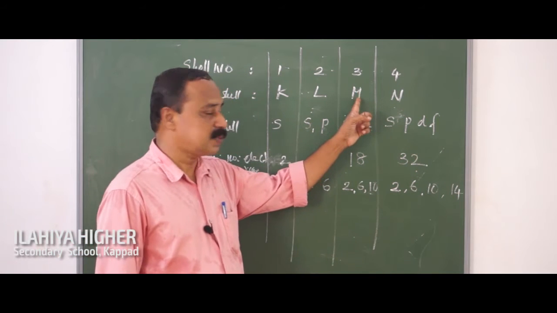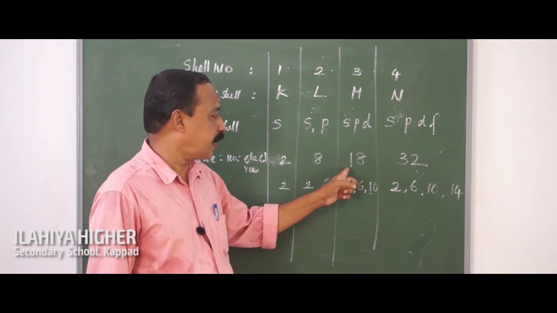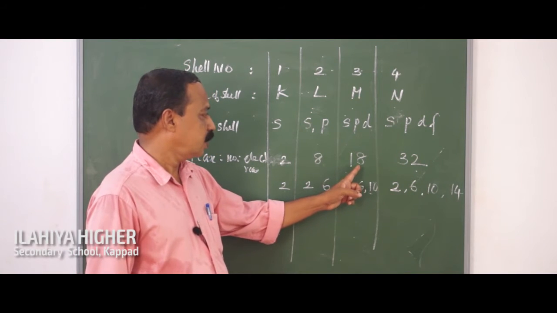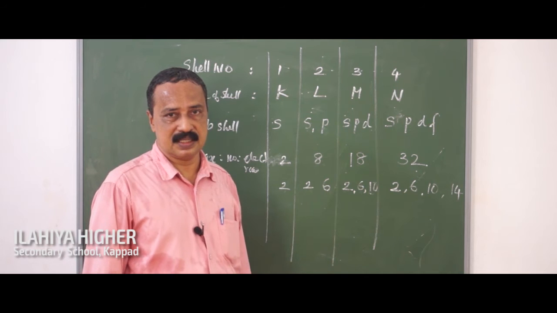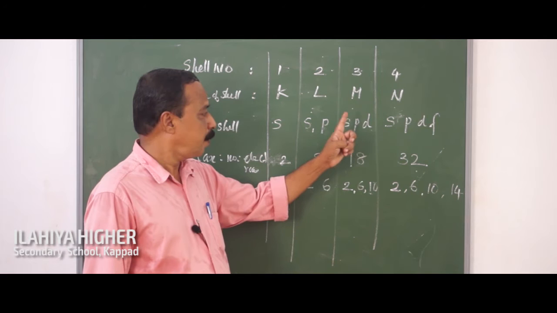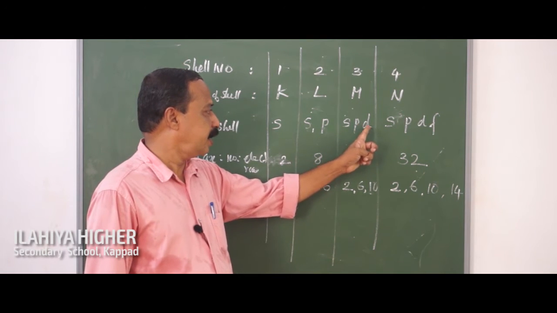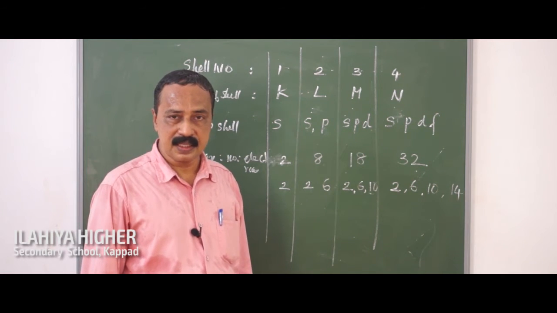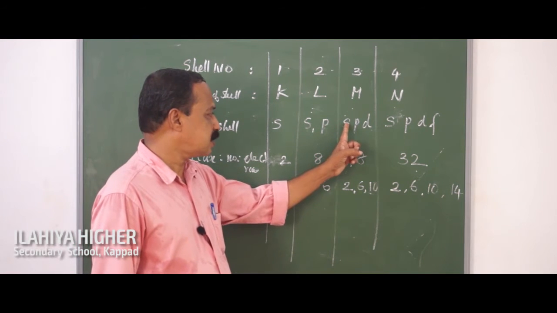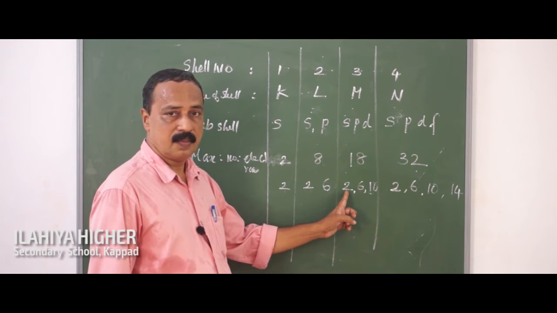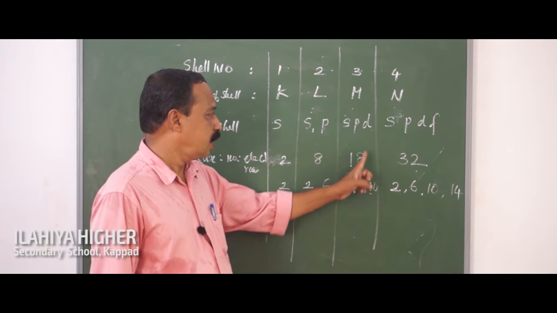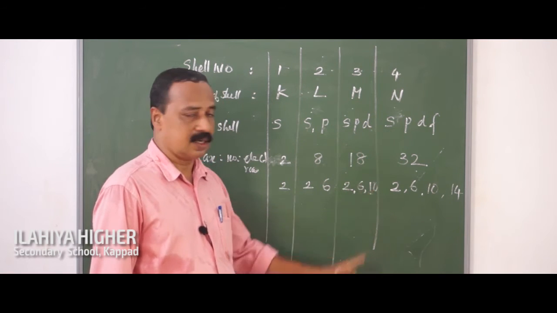The third shell, the M shell, can accommodate 18 electrons. It has 3 subshells: S, P and D. The S subshell holds 2 electrons, the P subshell 6 electrons, and the D subshell 10 electrons.